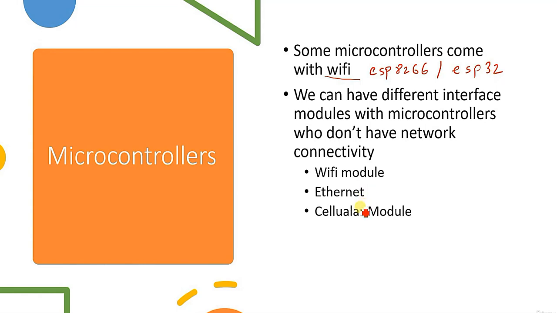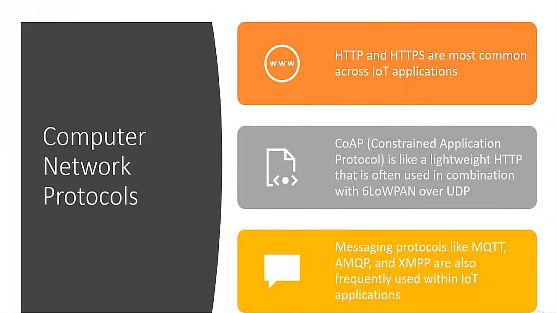If you don't have Wi-Fi, like Arduino Uno for example, Uno doesn't have any network interface. In that case, you can use an external Wi-Fi module or Ethernet module or a cellular module. Cellular modules like SIM800 or SIM808 are a very nice way to give direct connectivity to a microcontroller. Now, the connectivity has to be sorted. With Raspberry Pi, the connectivity is sorted for us. It is either LAN or Wi-Fi.